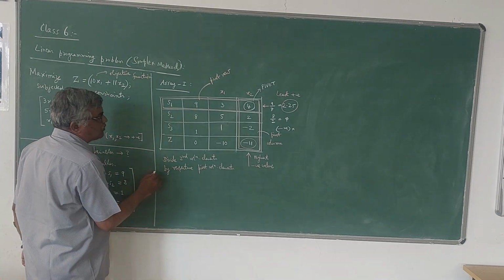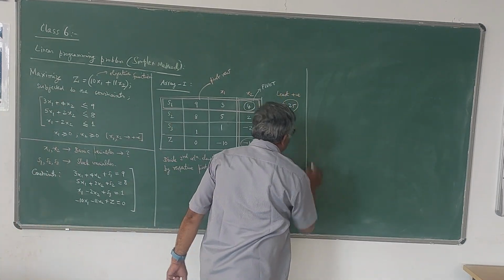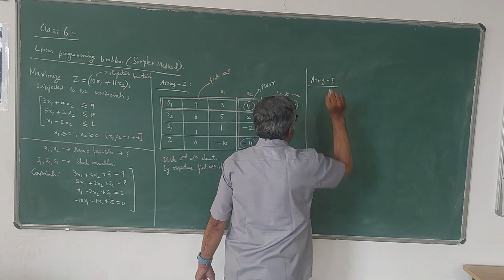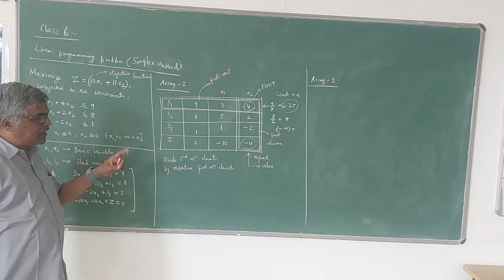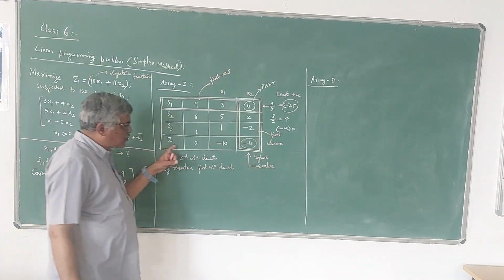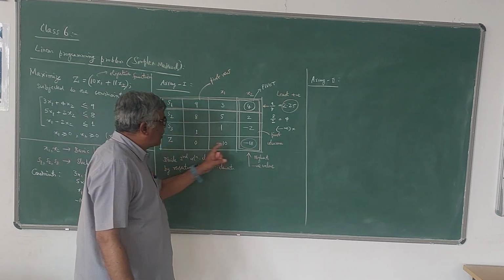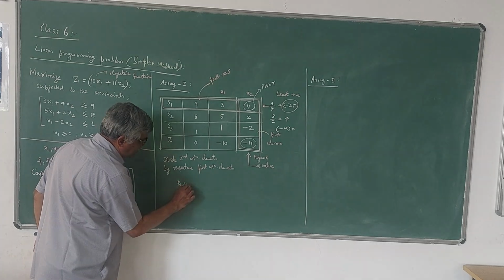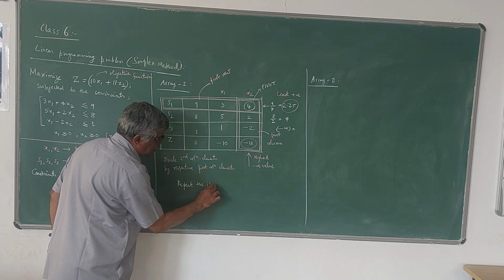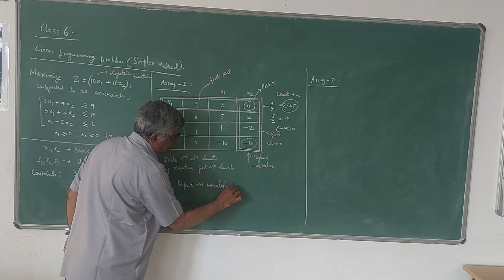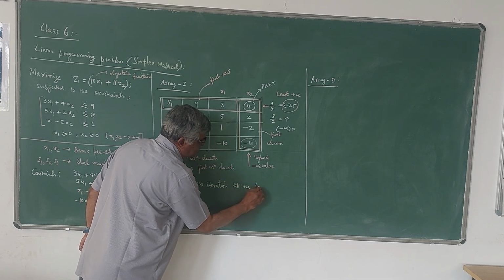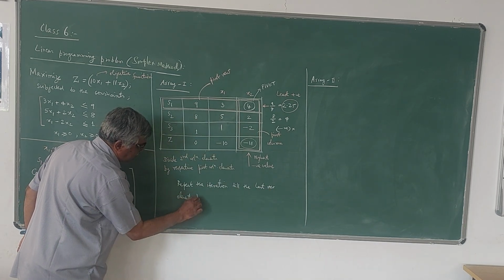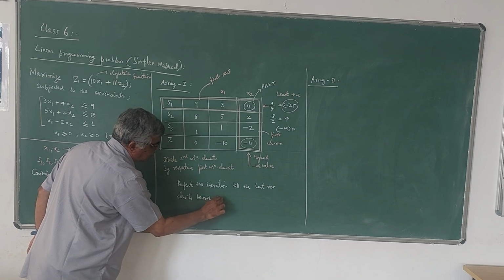So for iteration 2, I will write here array 2, or it can be written as iteration 2. We have to repeat the iteration till the last row elements become positive.